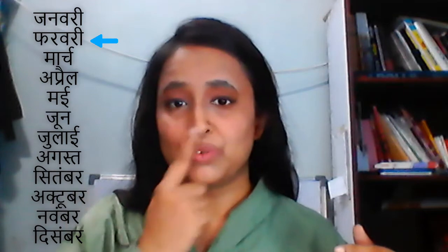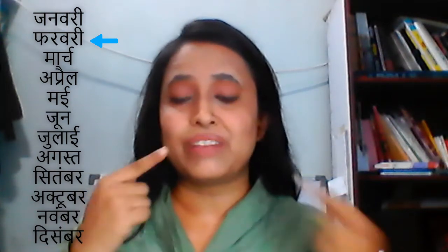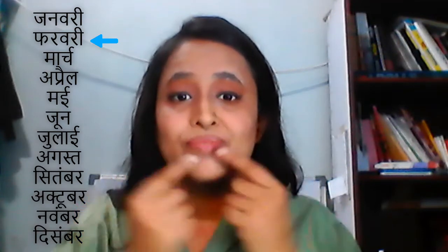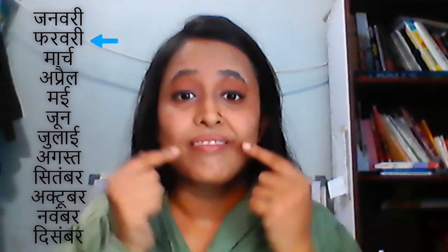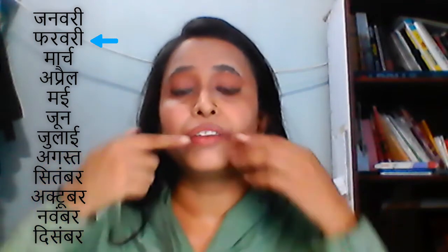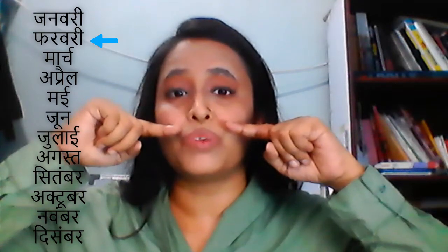Just like in January we say, you have to round your lips and say w. Before that, when you say f, lower lip touches your upper teeth and then blow the air from the side. Then r. Again you have to take the tip of the tongue upward.